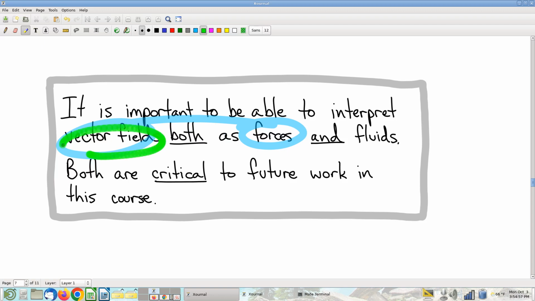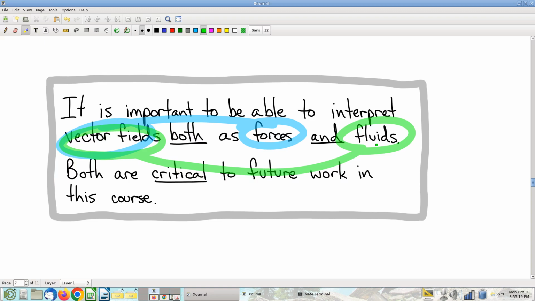But here's the thing, vector fields can also represent fluids, as we've been talking about for the last little while here. We've got two different ways of thinking about vector fields, two different physical manifestations or metaphors, whatever you want to call them.